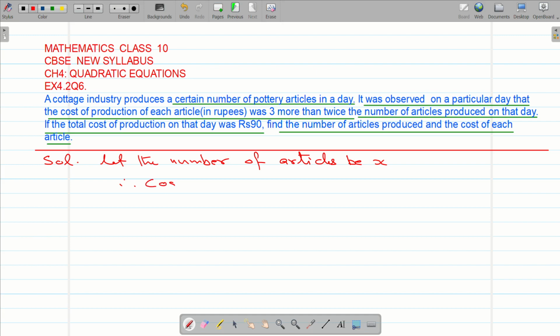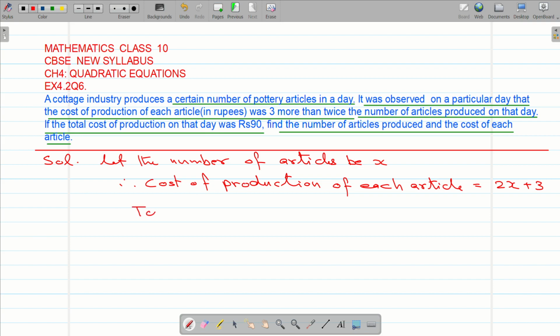Therefore, according to the question, cost of production of each article is equal to 3 more than twice the number, 2x plus 3.